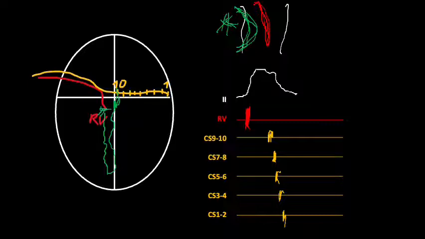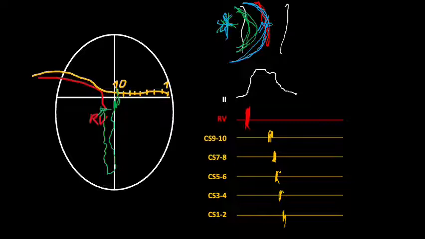Okay, but when we use the higher energy and the pacing from the same part, we can pace not only the muscle of the intraventricular septum, but also the bundle of His.